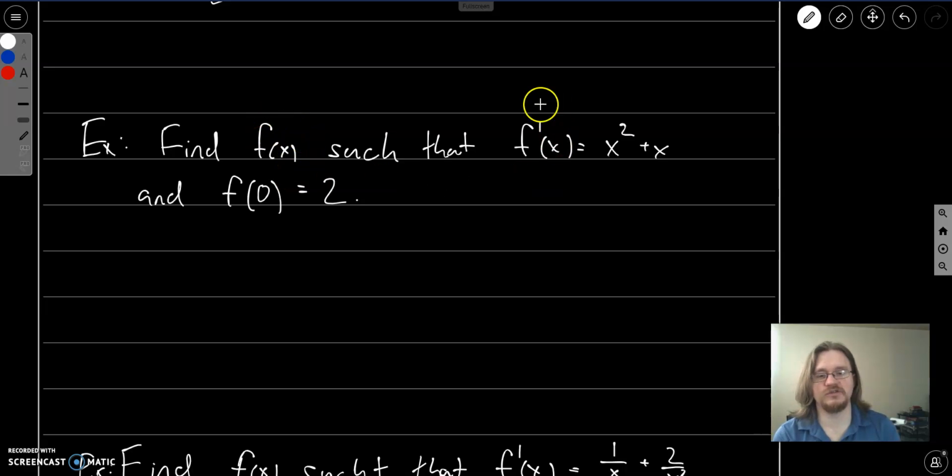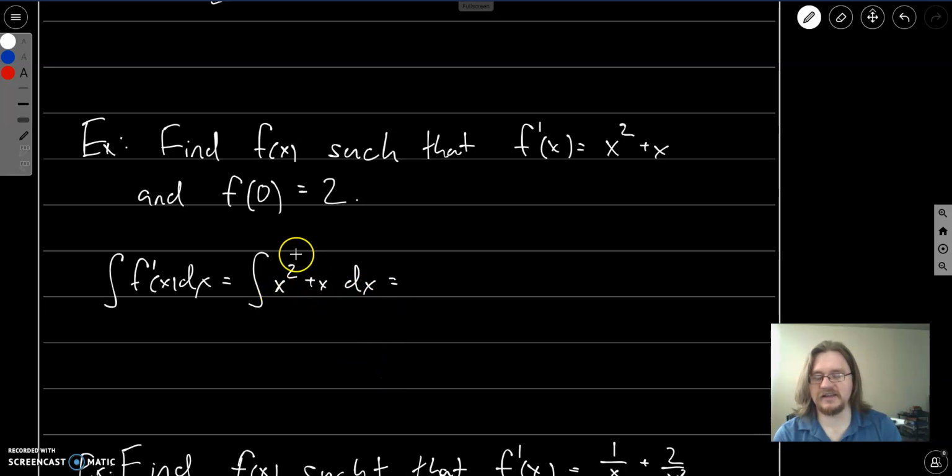If I want a function whose derivative is this guy, I need to undo that derivative to find the original guy. So I need to take the antiderivative. So let's take the antiderivative of the derivative to find my original function. This is going to be the antiderivative of x squared plus x, and the antiderivative of x squared is just like in the last question.